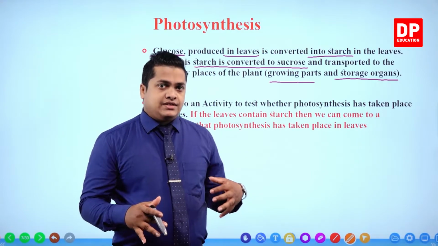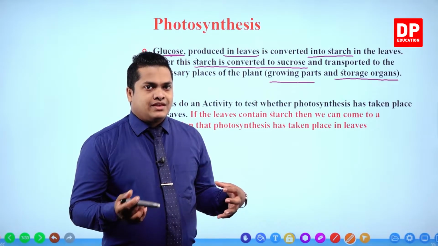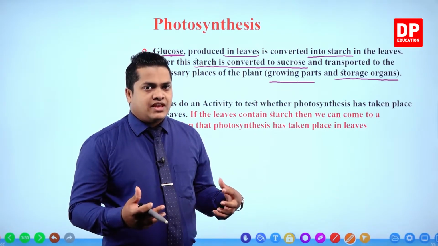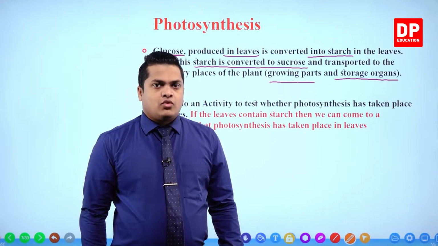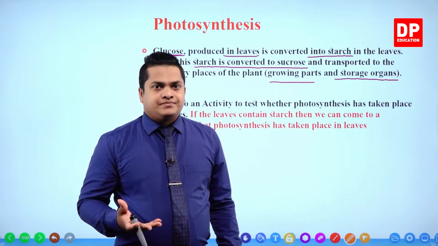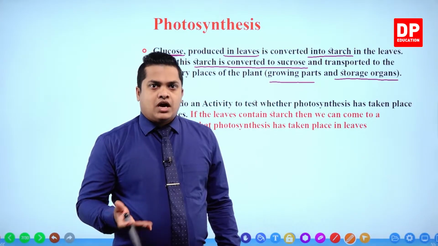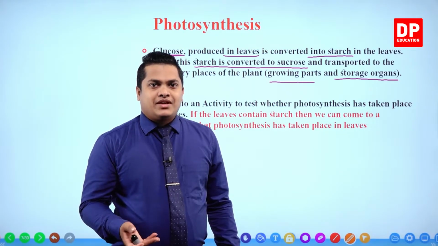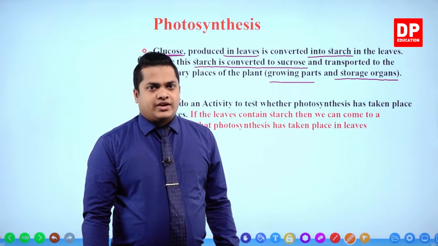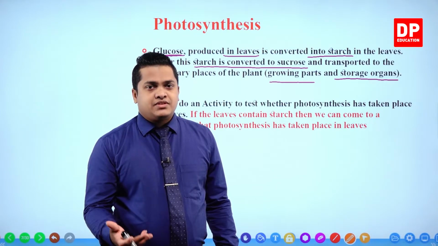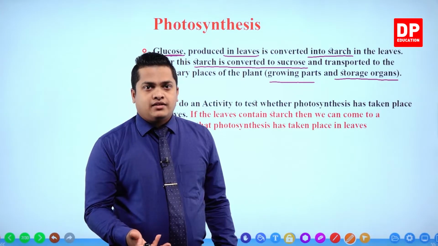Then after being used for growth and other processes, the excess amount of sucrose is finally transported into storage organs. Storage organs like yams, sometimes underground roots, sometimes aerial stems like sugarcane, and underground roots like beetroot and carrot.